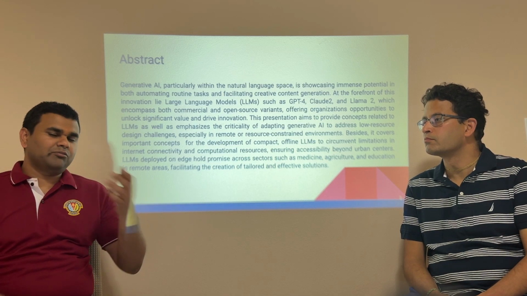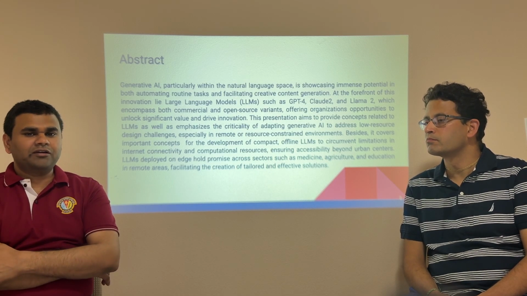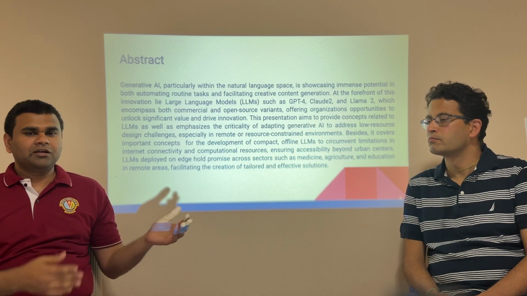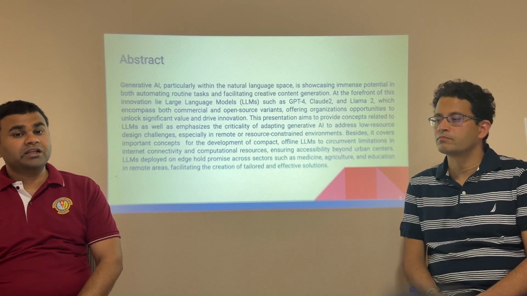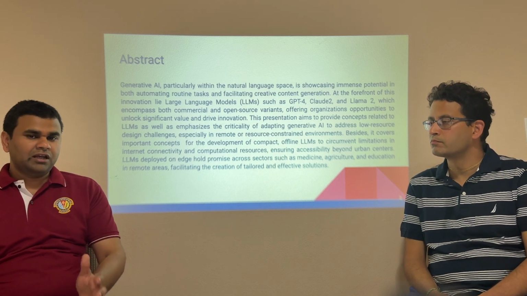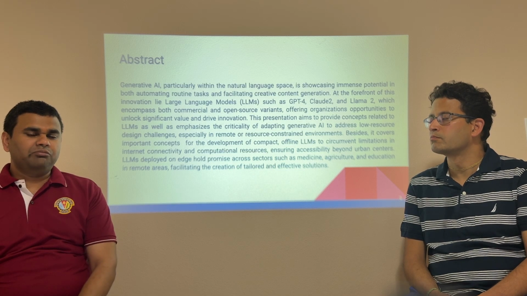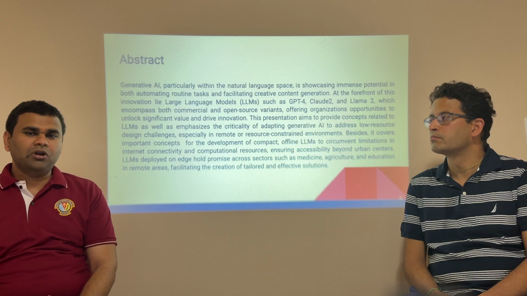As you can see in the abstract here, we have a lot of generative AI models, some of the flagship models built by OpenAI, then Anthropic, and a lot of open source models as well, like Llama from Meta. These generative AI or large language models can do a lot of things.